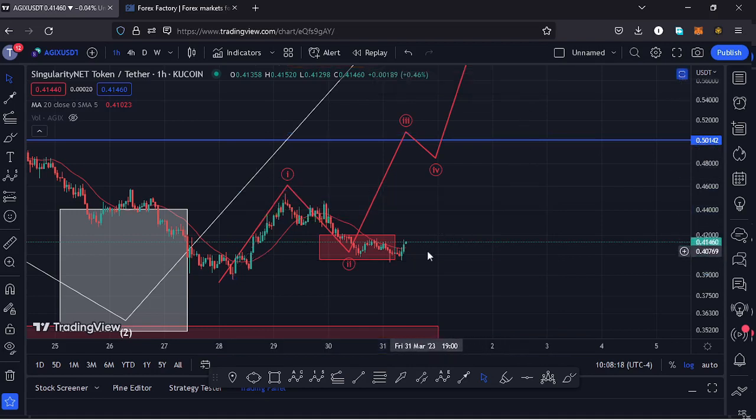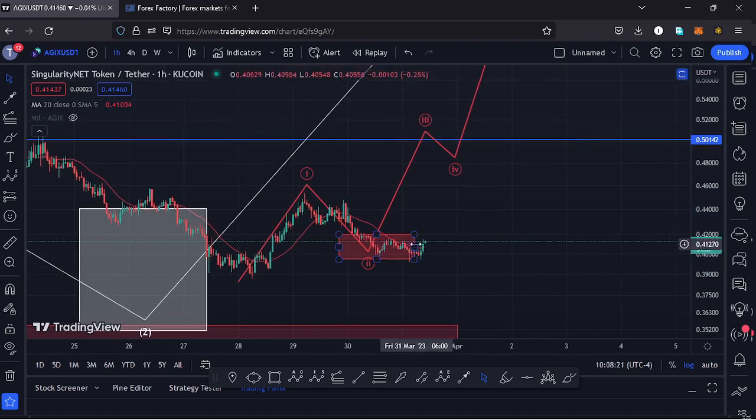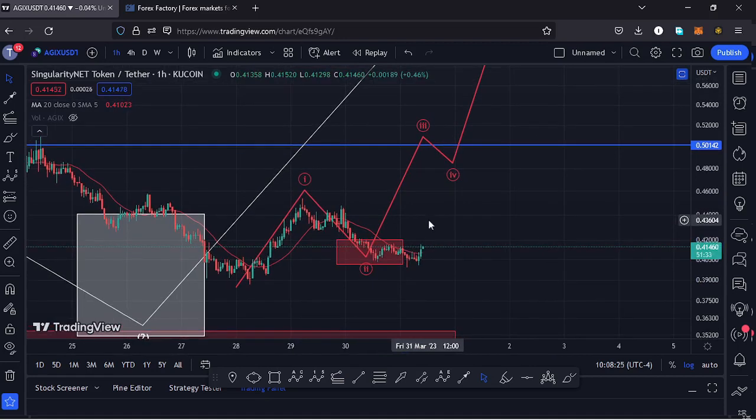So soon I'm expecting to see a break out of this red target area, continue gearing up, and the first confirmation that we are back in the formation of this wave 3 is a break above the first wave, which I have right here at around the $0.45463 mark.